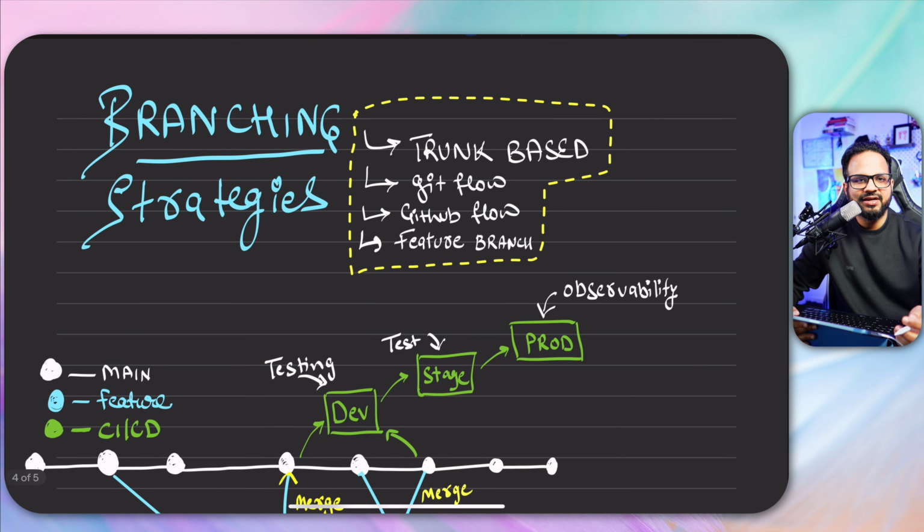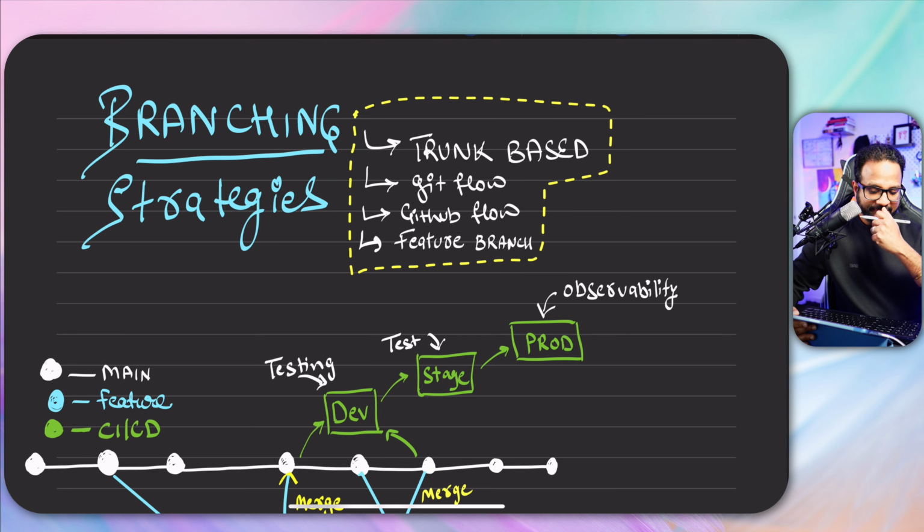Okay, so there are different branching strategies. Whenever we are working in collaboration, we need some sort of branching strategy to make sure that we can all work together in a team, on the same feature or the same file, and to avoid any conflicts on the file and any changes being overwritten by someone else.